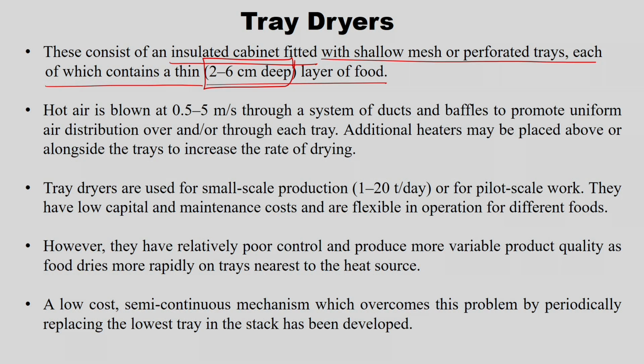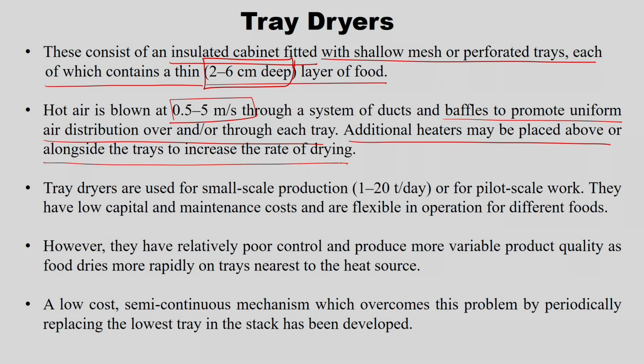Hot air is blown with a velocity of 0.5 to 5 meter per second through a system of ducts and baffles to promote uniform air distribution over and or through each tray. Baffles take care of the uniformity in the heating. Additional heaters may be placed above or alongside of the trays to increase the rate of drying.